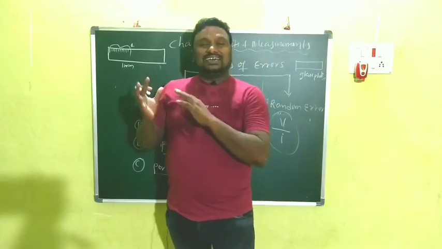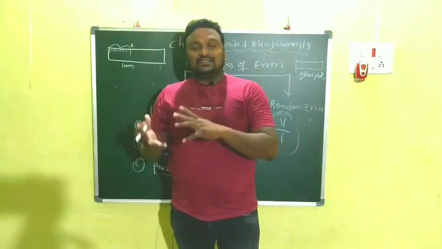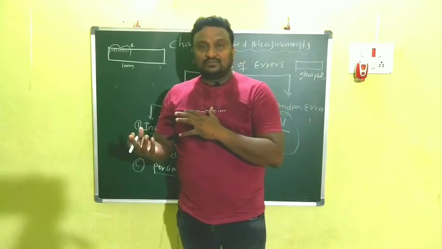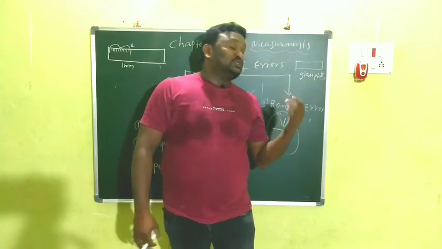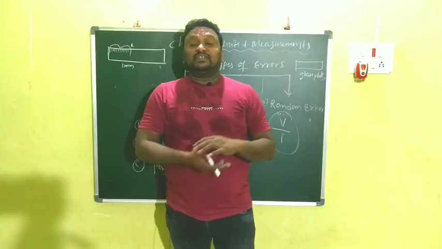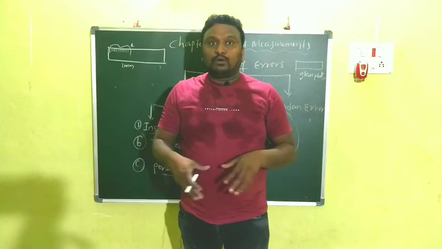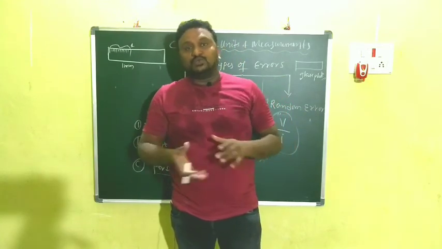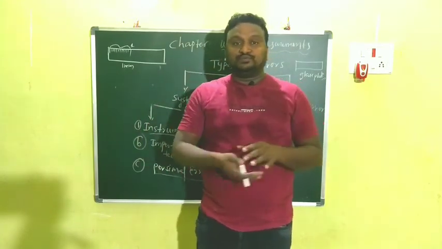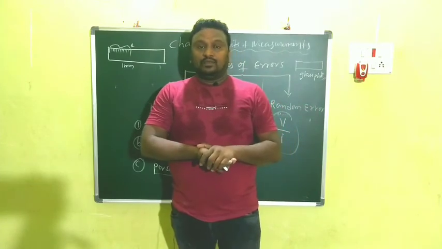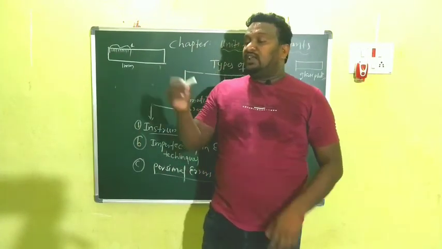You have to remember clearly that the errors which occur in heat experiments are because of random errors. For example, we want to know the temperature of this room. By taking a thermometer we can find the temperature.